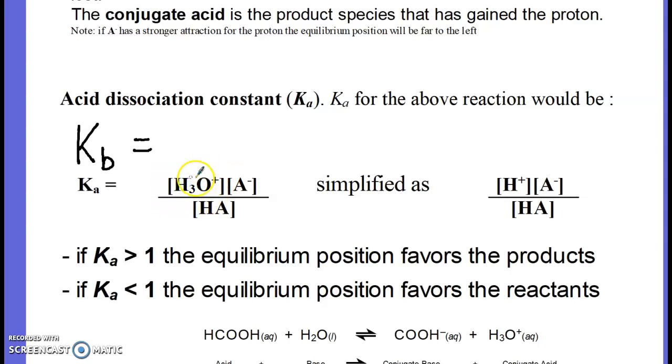So the concentration of the H3O plus, which is a simplified version of what's actually happening. We simplify that even more. We just say it's the proton, because it has that extra proton. These are the same thing. H3O plus, we simplify to H plus. We don't have to write the 3O, which simplifies it a little bit.